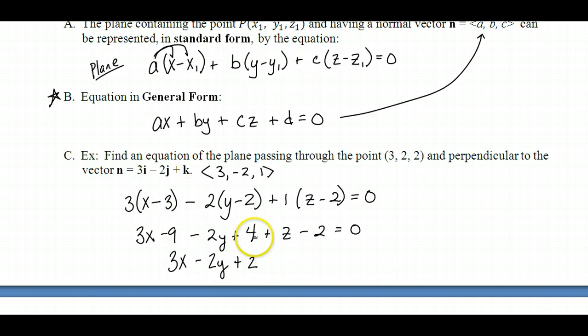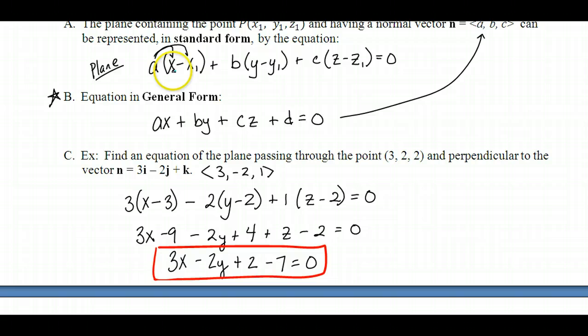And then our negative 9 plus 4, negative 5, minus 2 would give us minus 7 equals 0. So in the long run, we do want to write our equation, clean it up and write it in general form instead of leaving it in standard form. So whenever you write the equation of a plane, I want it to look like this.